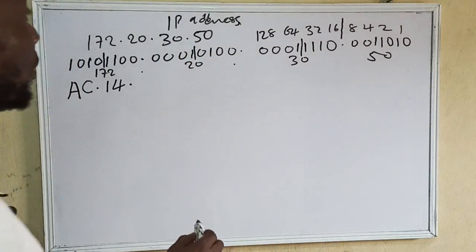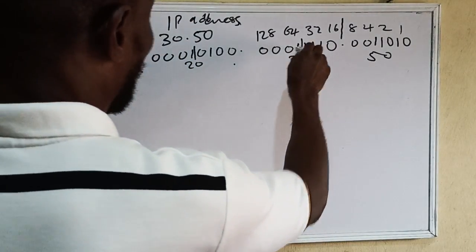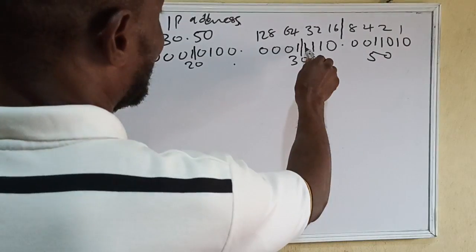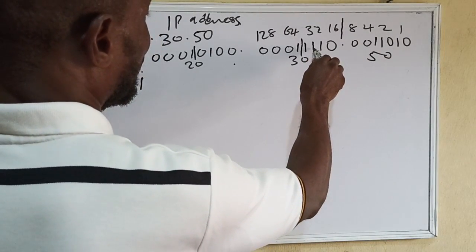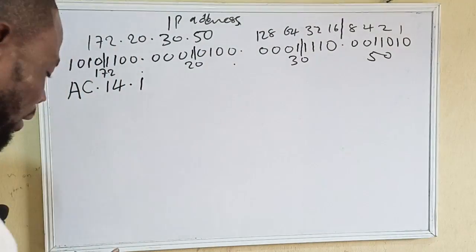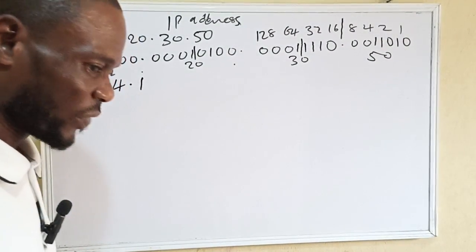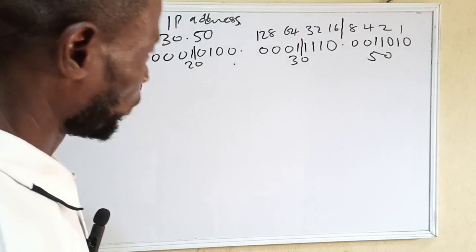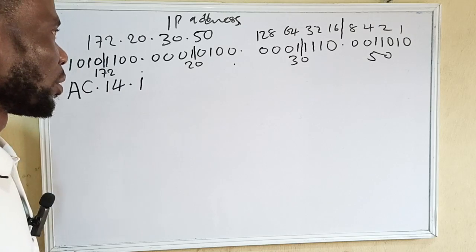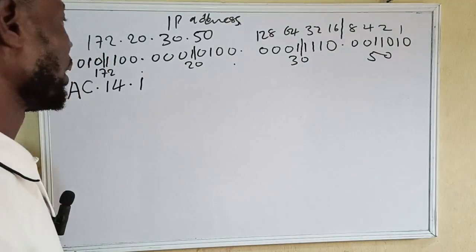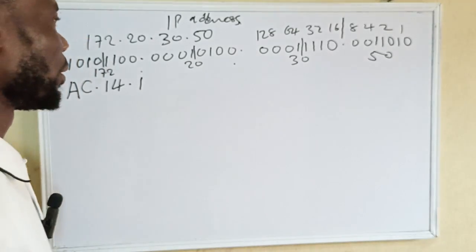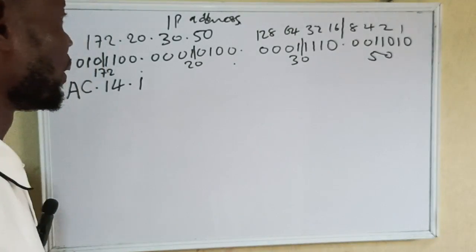This is 1, and this is 8, 2, which is 10. What is 10 in hexadecimal? 10 is A, 11 is B, 12 is C.